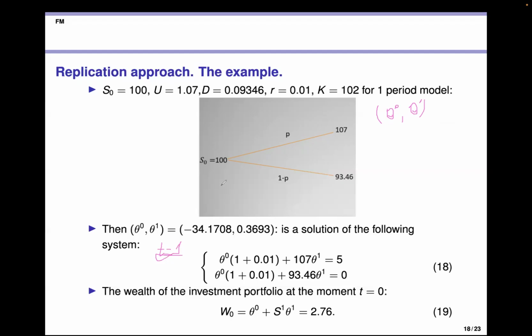If we put theta 0 in your bank account, at the end of 1 year we have theta 0 multiplied by 1 plus r.